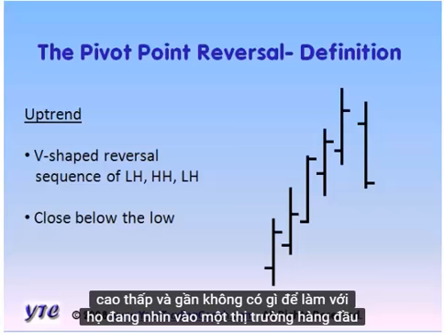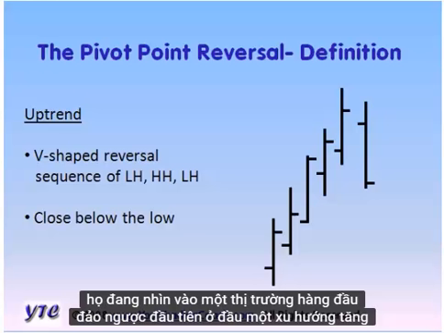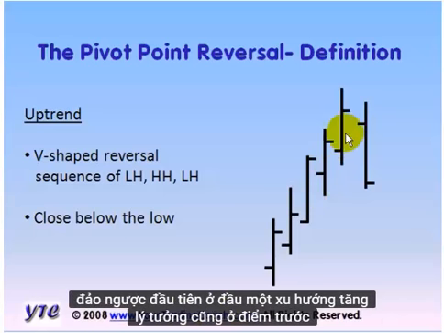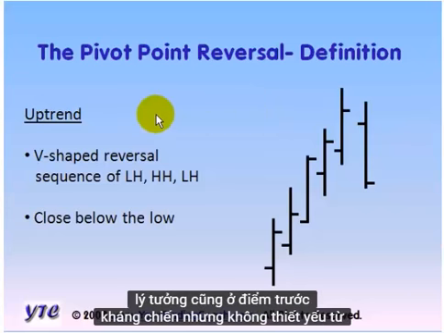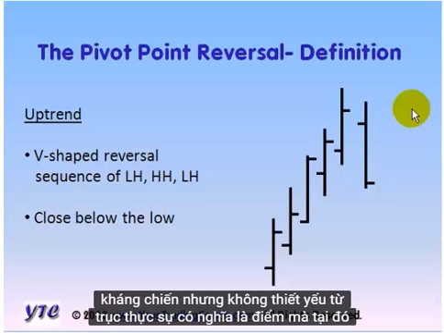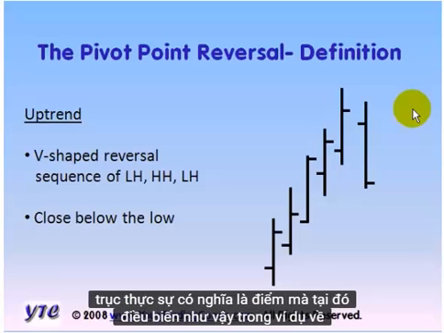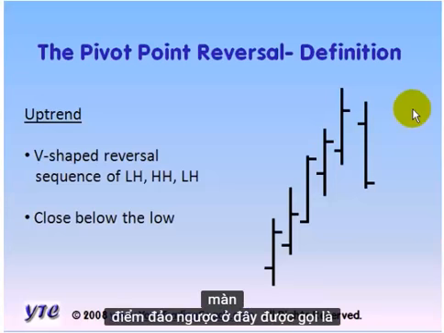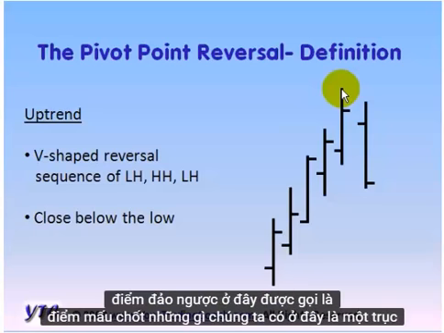We're looking at a market top reversal first, at the top of an uptrend. Ideally, also at a point of previous resistance, but not essential. The word pivot actually means the point at which things turn. So in the example on the screen, the reversal point here is called the pivot point.